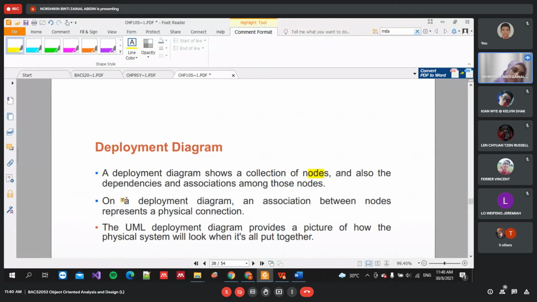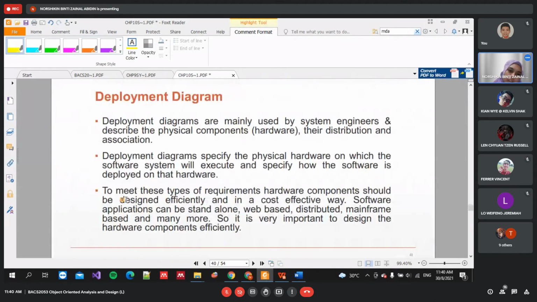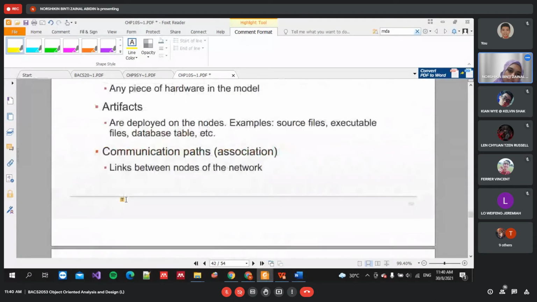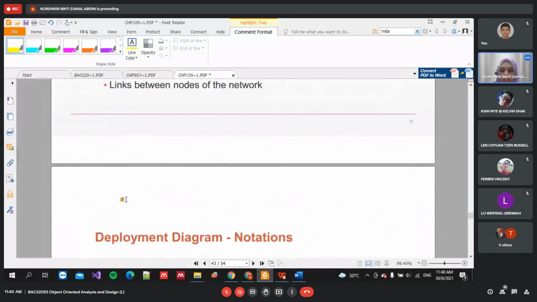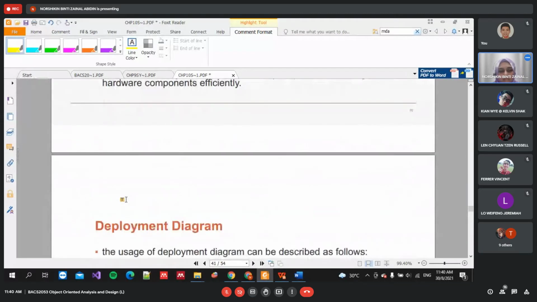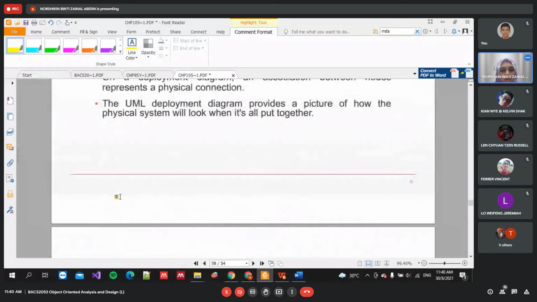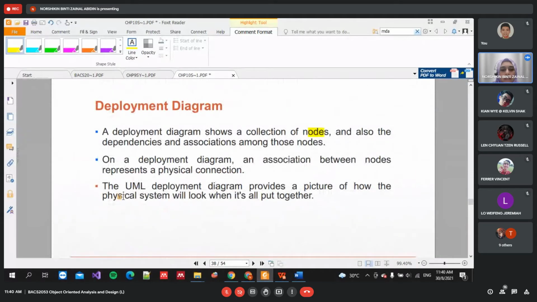Okay, there's an example. A node is actually the physical hardware. And on a deployment diagram, an association represents a physical connection. So a deployment diagram shows the relationship between the physical nodes.